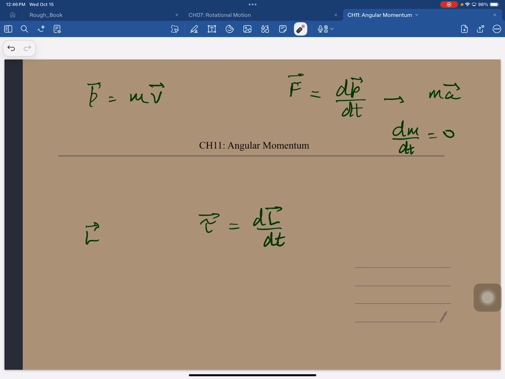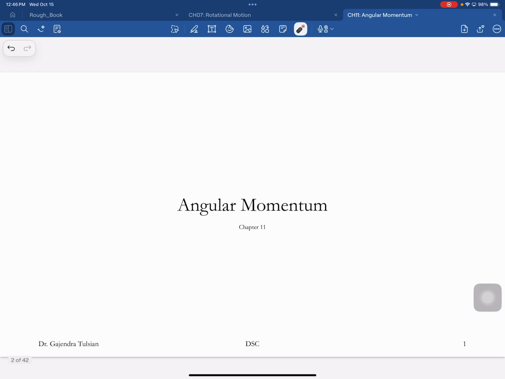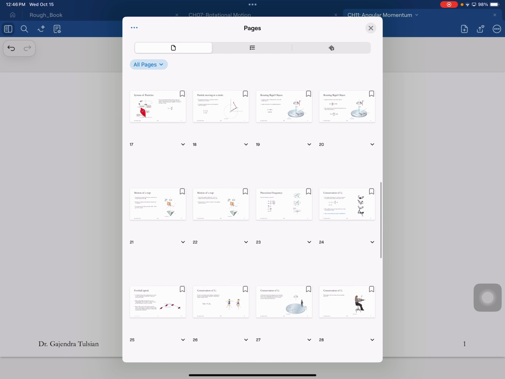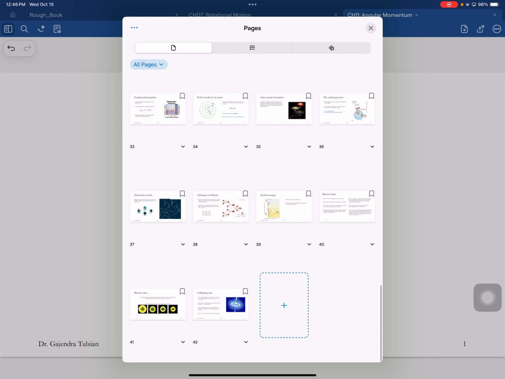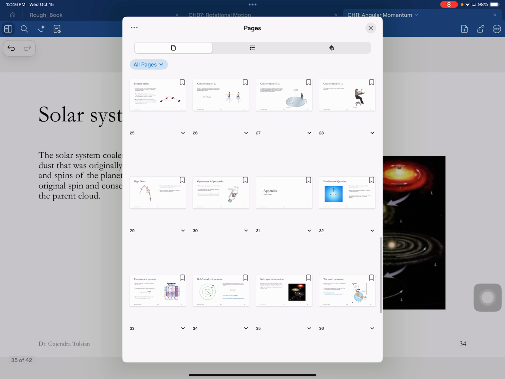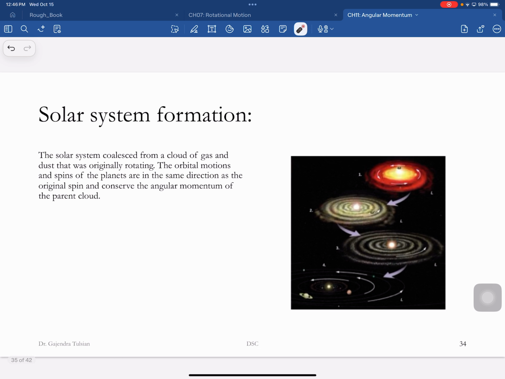So for instance, I'll give you an example. Here's a pretty spectacular example. All right, so here's a model of the solar system. Do you guys know how far apart this thing is?